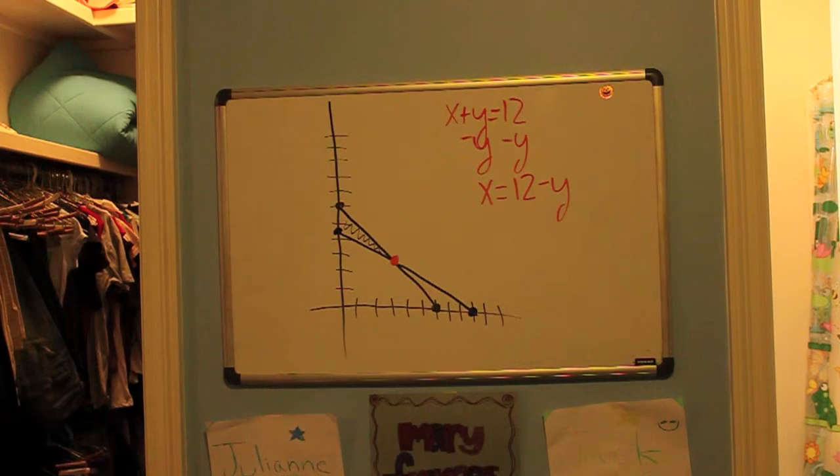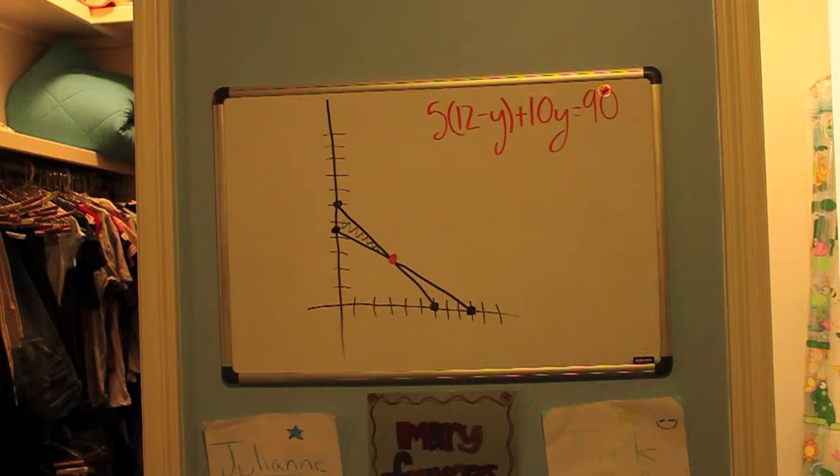As you can see, I have acquired x by itself by subtracting y from both sides of the equation. Our equation is now x equals 12 minus y. I will now plug this equation into the previous equation, 5x plus 10y equals 90.